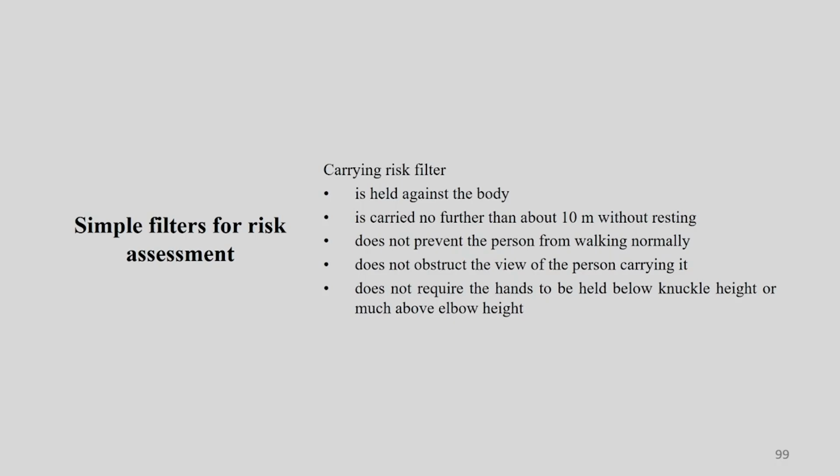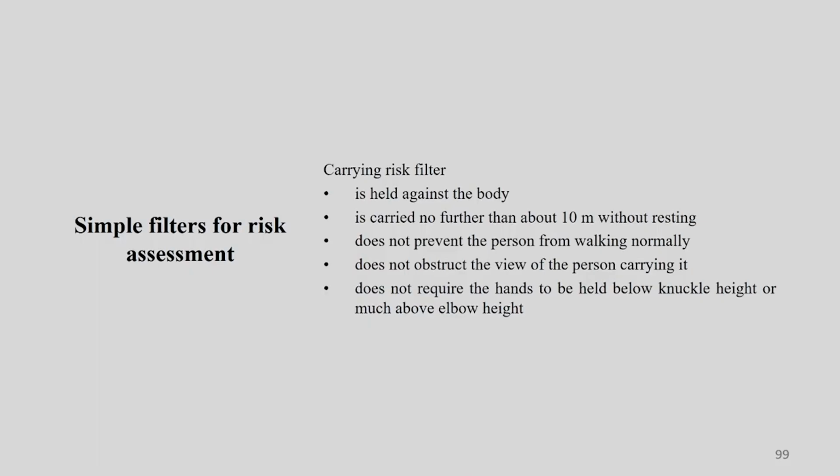The positioning of your arm matters, because you are holding the load. It should not happen that you hold a load far below your knuckle height, because then you will have to bend to hold the object, or beyond your shoulder or elbow height, because then you have to raise your shoulder. Those conditions you need to avoid.